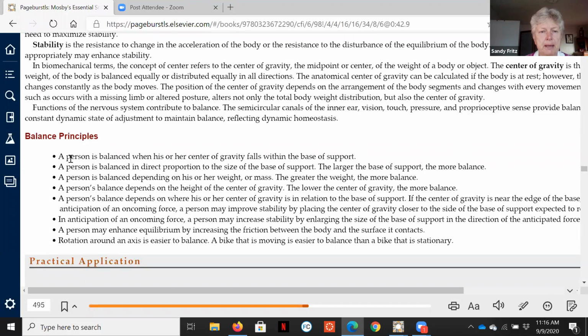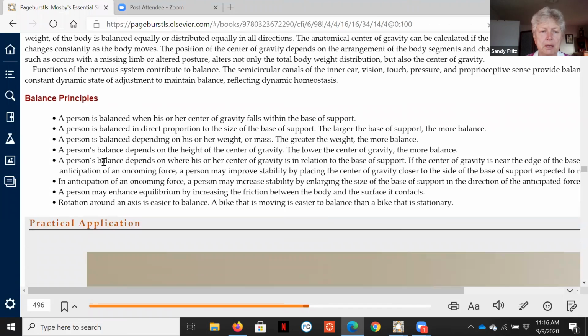So here are some balance principles that come into play when we're looking at somebody's performance, their ability to walk, daily living activities, and performance demands, like a musician or a dancer or a construction worker. This is where there can be some concern if a person is having trouble in any of these areas. Now, this becomes a factor when we think about our weight transfer to apply pressure during massage.